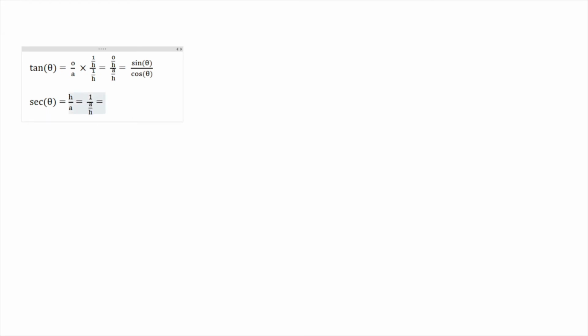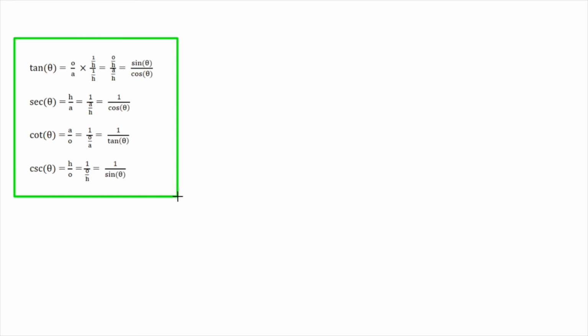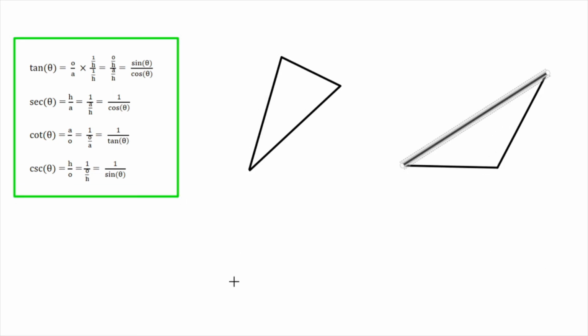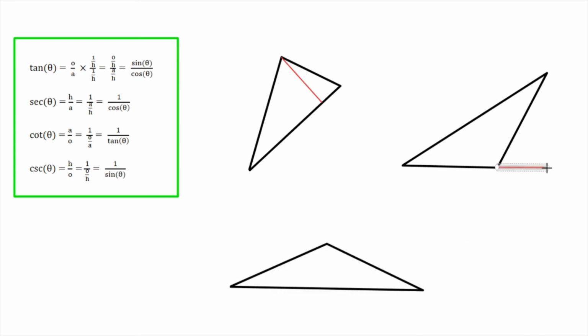Substituting this by cosine theta, we'll have it equal to 1 over cosine theta. Cotangent theta would be 1 over tangent theta, and cosecant theta would be 1 over sine theta. And for which triangles can trig be applied, we can also apply it to other triangles instead of just right triangles, since they can always be broken down into at least 2 of them with a little bit of geometry.